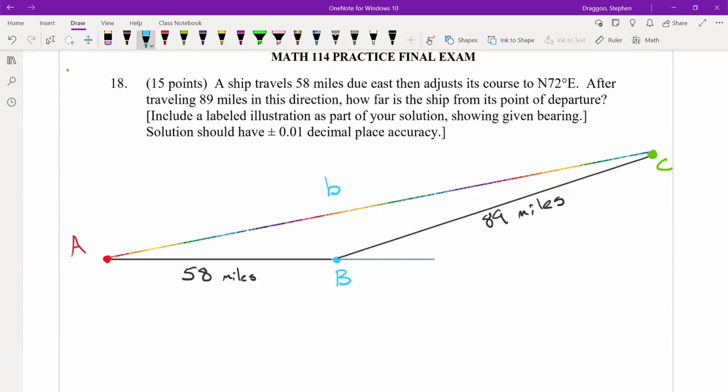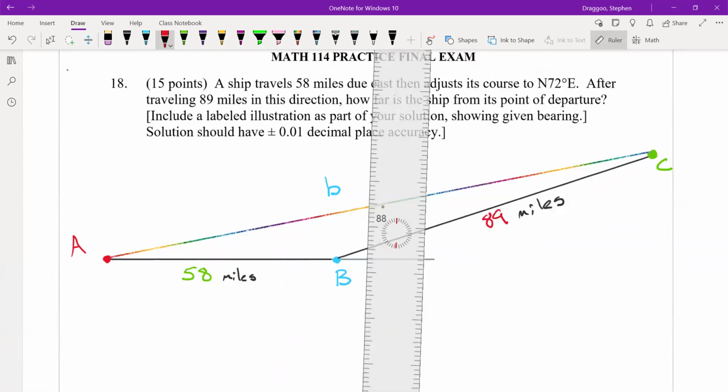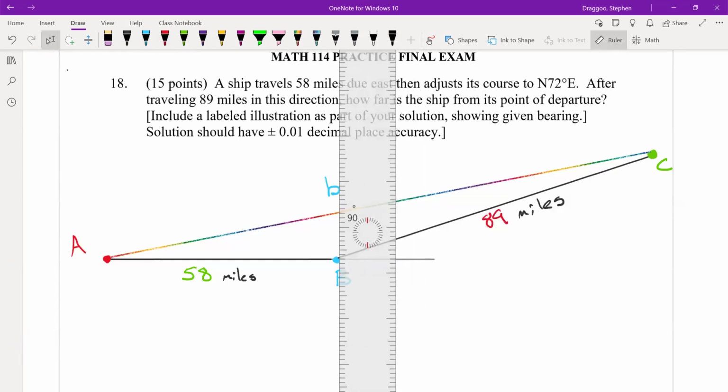And we can color in our other two side lengths. This 58 is length C, and this 89 is length A, since those are the angles that those sides are opposite. So let's finish labeling what we know, because there's one last piece of information that we have baked into our diagram, but that we haven't labeled just yet.